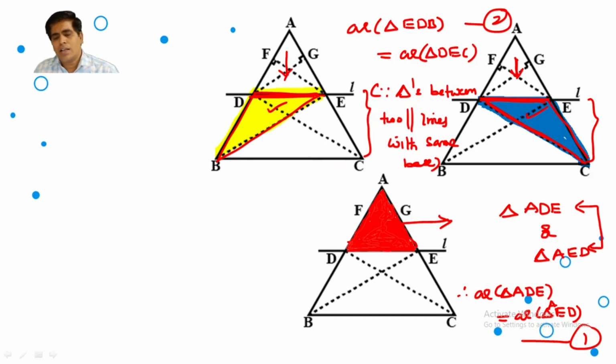Here, triangle ADE or triangle AED, both are the same triangle. Therefore, I have taken area of ADE is equal to area of triangle AED.